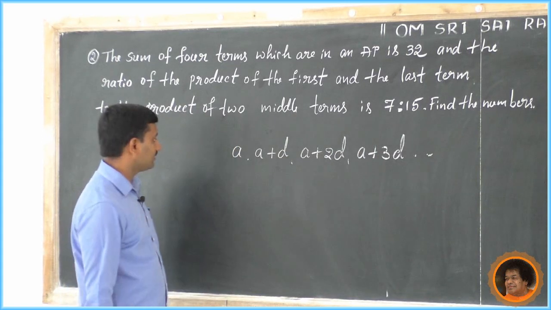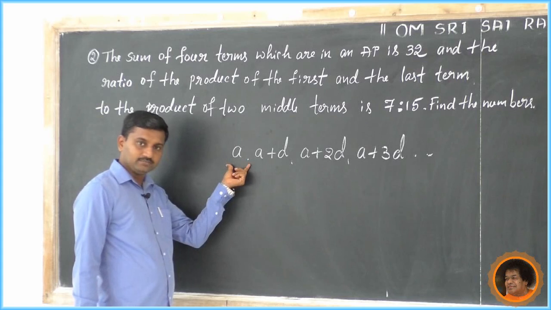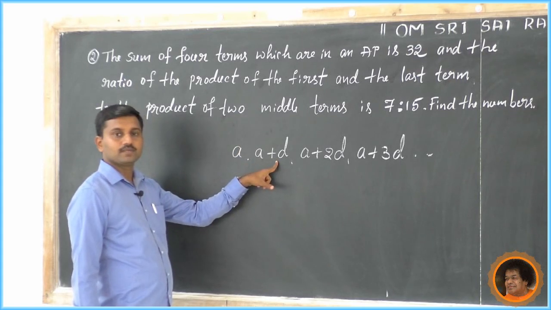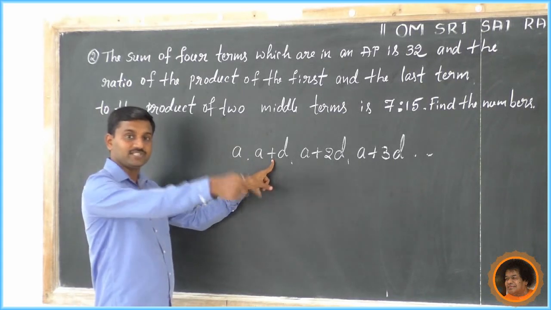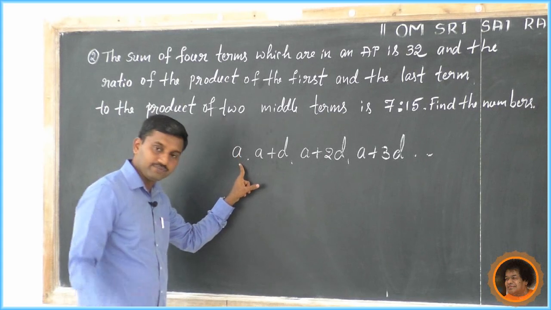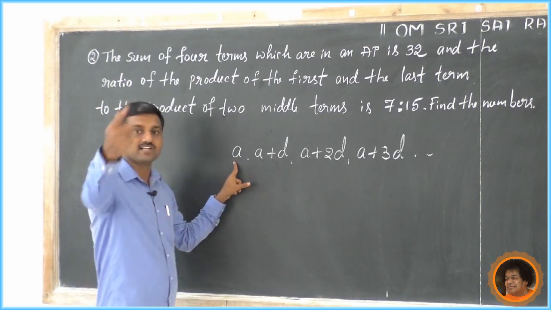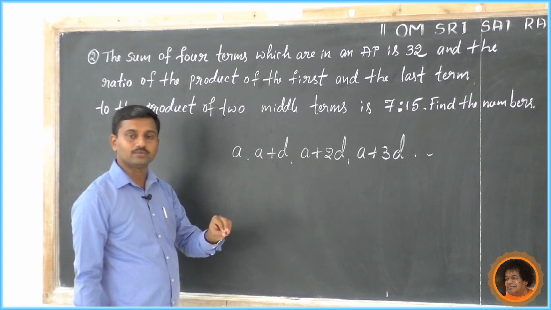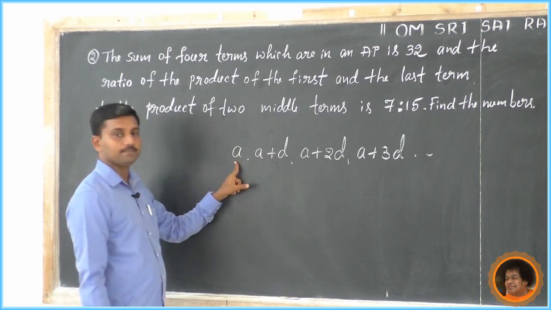My question is, suppose A is a term, what is the succeeding term of A? By adding a fixed number to the preceding term, we will get the succeeding term. So if A is a term, then the succeeding term is A plus D. What about the preceding term of A?